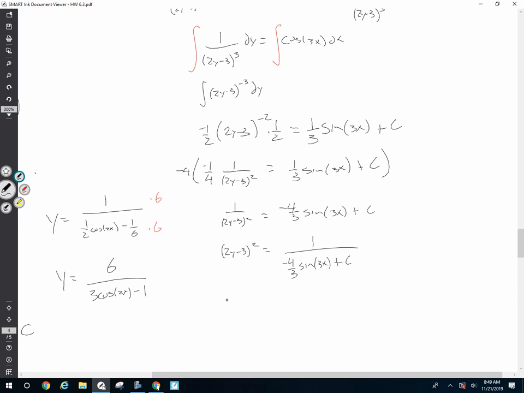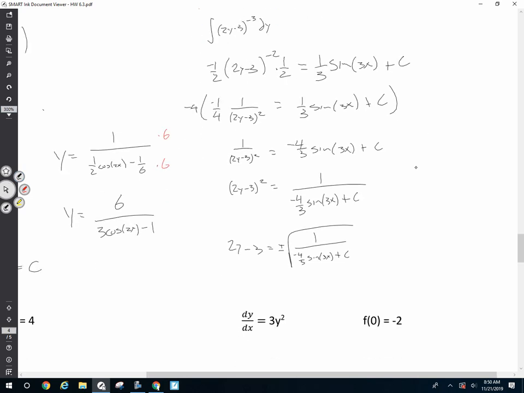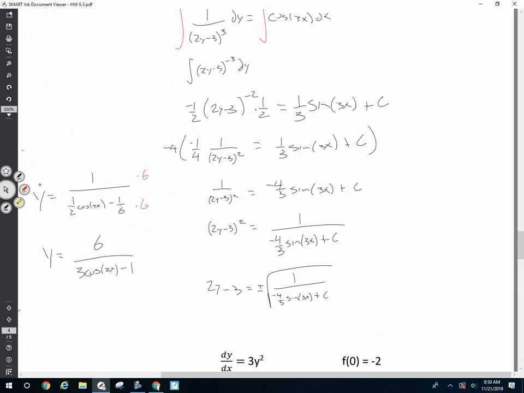I'm square rooting so that I get 2y minus 3 equals plus or minus the root of 1 over (negative 4/3 sine 3x plus c). I'm going to add 3. I'm going to divide by 2. Y will equal 3 plus or minus this root.